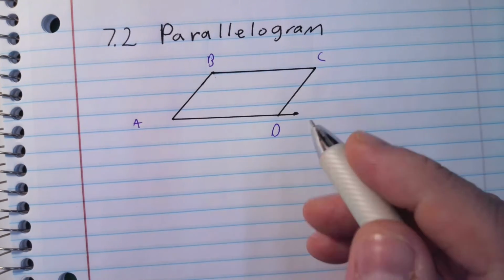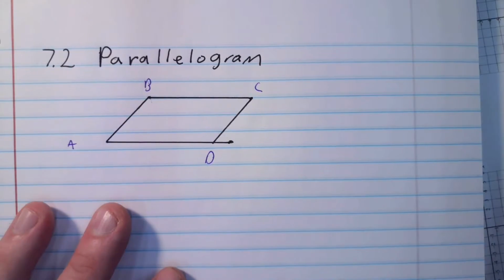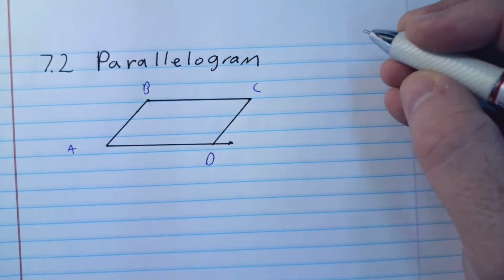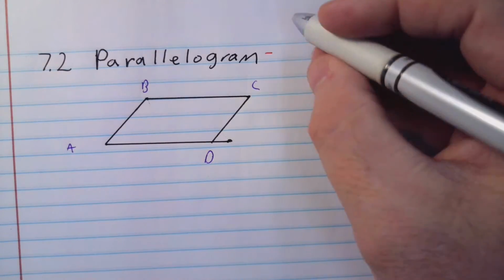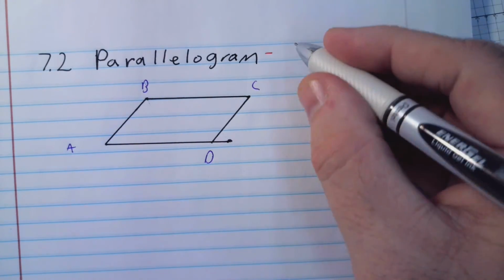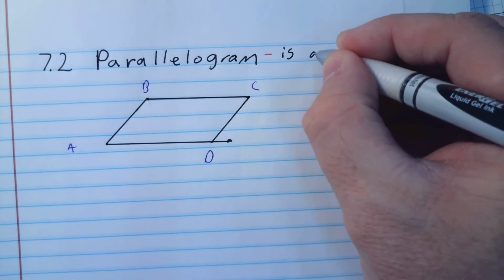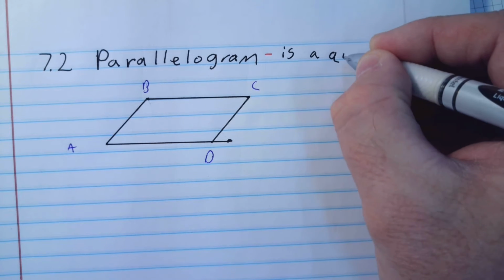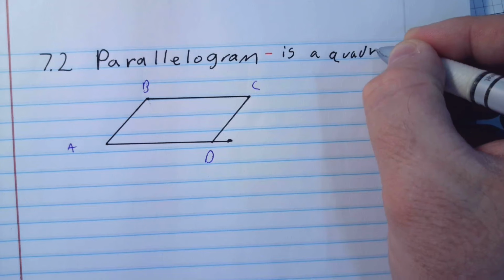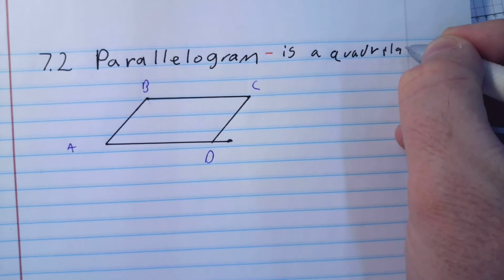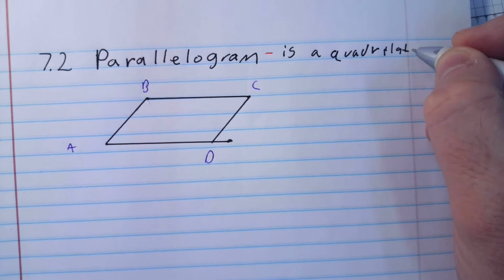And so the first couple things that we need to know is, first of all, a parallelogram is a quadrilateral, which means a four-sided shape. And the definition is real important because if the shape does not meet the definition, you can't use any of the rules.